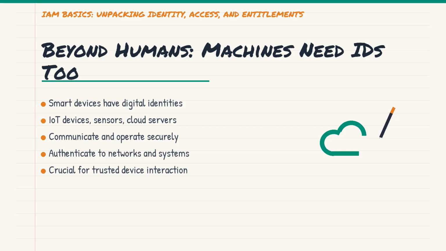We call these machine identities or sometimes IoT identities for Internet of Things devices. They authenticate themselves to networks and other systems, just like you log into your email. Without their own identity, they couldn't be trusted to send data or receive commands. It's a vast and growing world of digital identities.